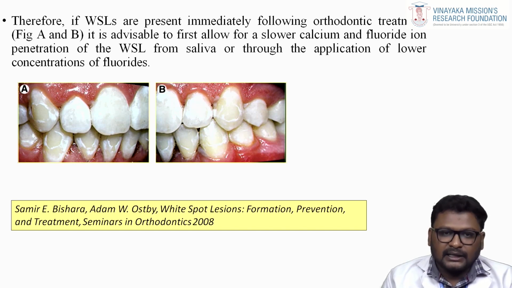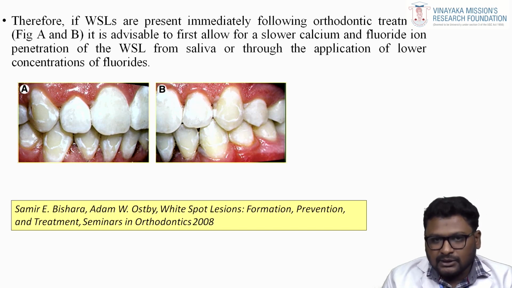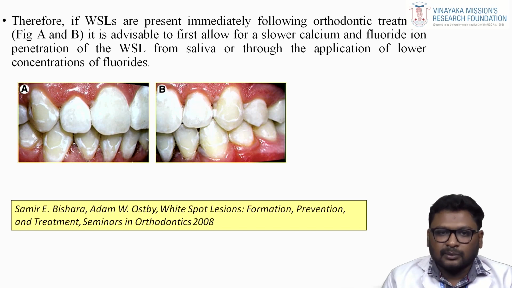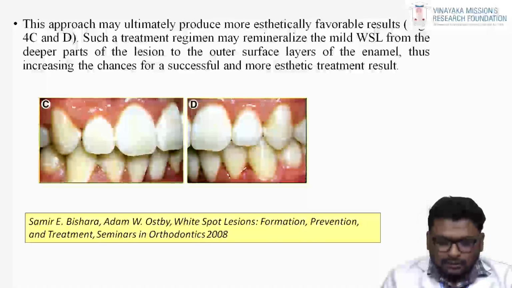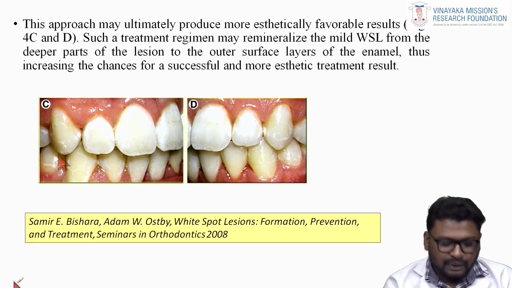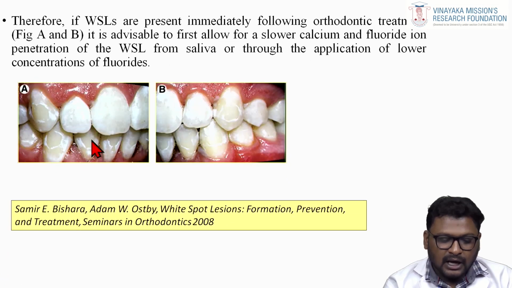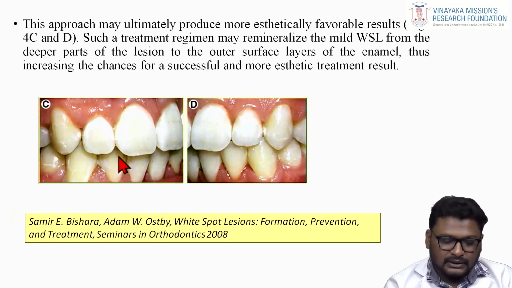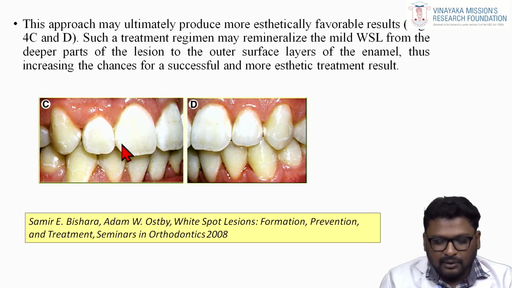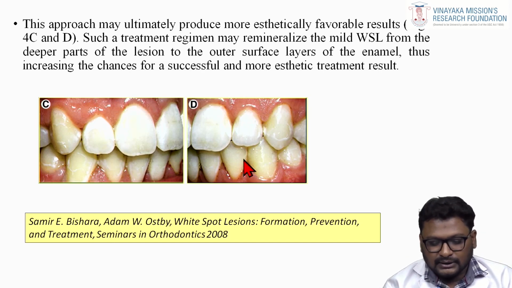So we can externally apply fluorides, or we can wait for some time for the fluorides to penetrate into the white spot enamel lesions. This remineralization approach may ultimately produce more aesthetically favorable results. Compared to the previous pictures, after remineralization we can see a great improvement in the enamel. We can appreciate this in these diagrams.